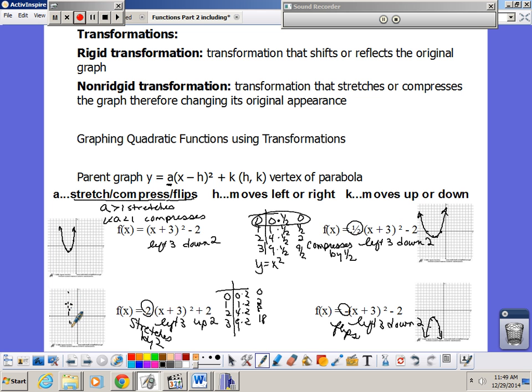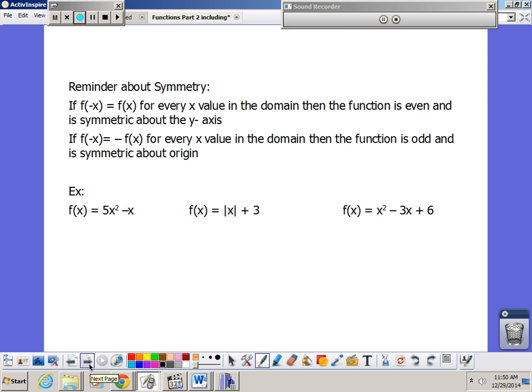Remember, there's a line of symmetry coming down the middle. Left 2 and up 8. Not 4, because we're stretching it, and see how much thinner and skinnier it got? So you need to know what each of these portions are so that you can move your quadratic.